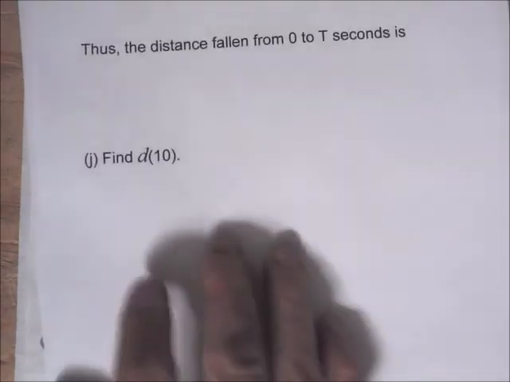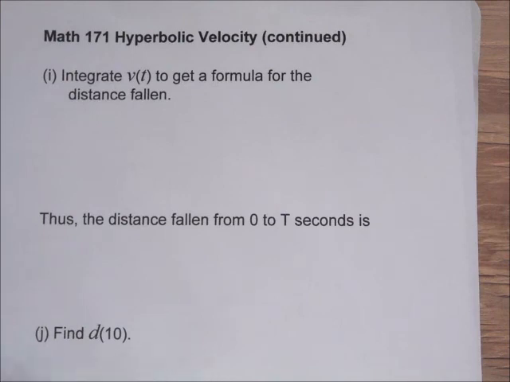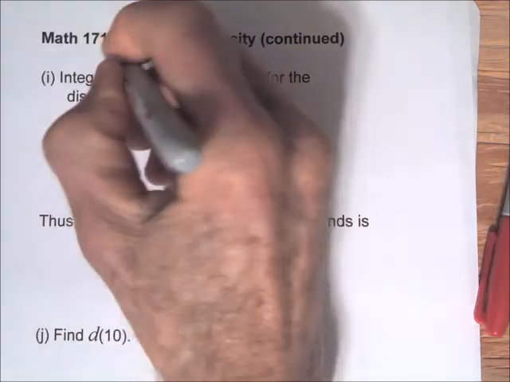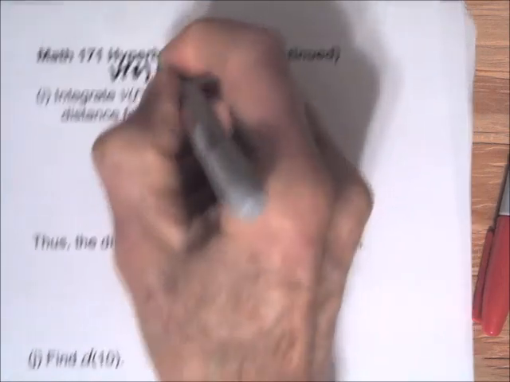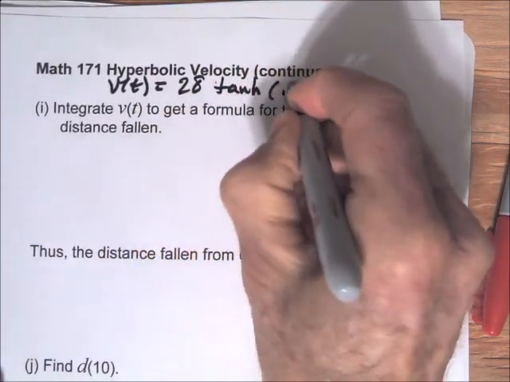Okay, so we can also integrate v of t to get the formula for the distance. So again, v of t is 28 times the hyperbolic tangent of 0.35t.